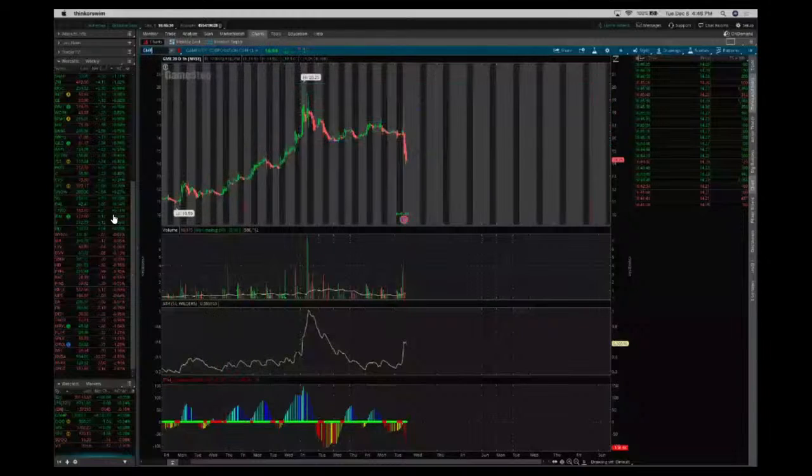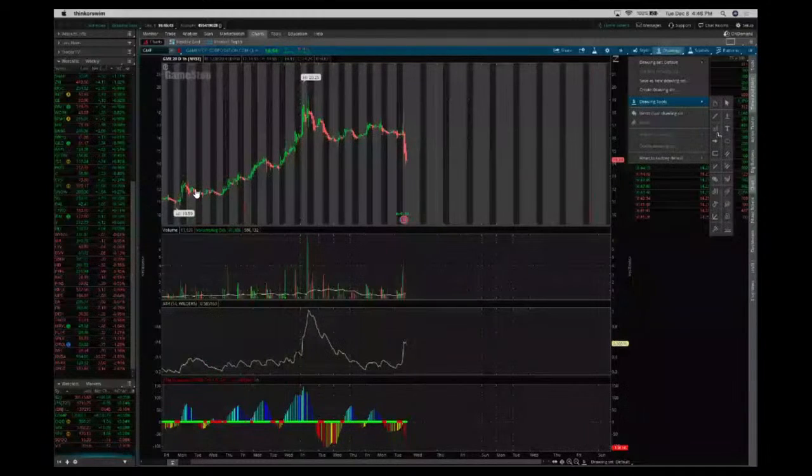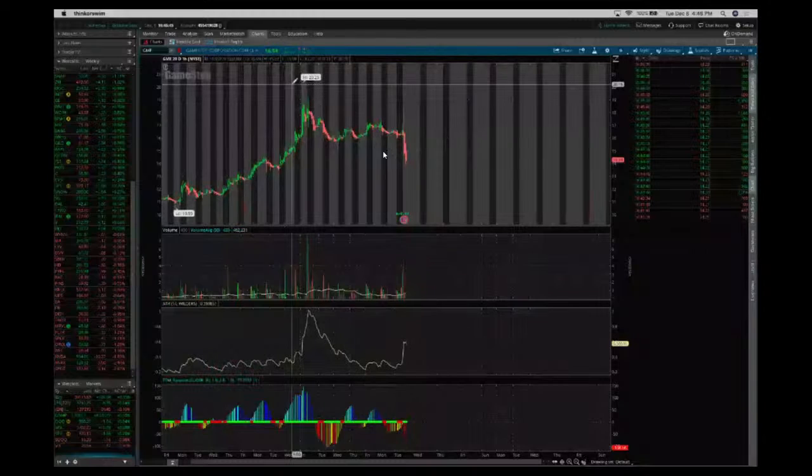So let's say you want to see a support level. Actually, we see a support. Okay. So you want a high, a low, and a high. You can probably use this one here.